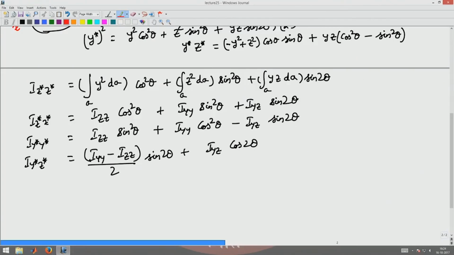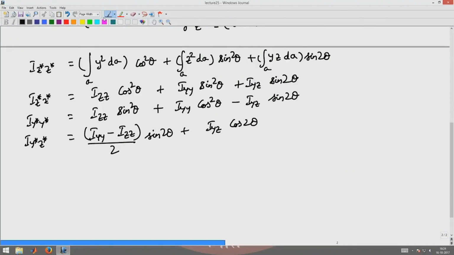Now, what we have to understand next is how this transformation looks like. This looks similar to the Mohr circle equations, right. So, this equation I can rewrite as (Izz plus Iyy)/2 plus (Izz minus Iyy)/2 cos 2 theta plus Iyz sin 2 theta.